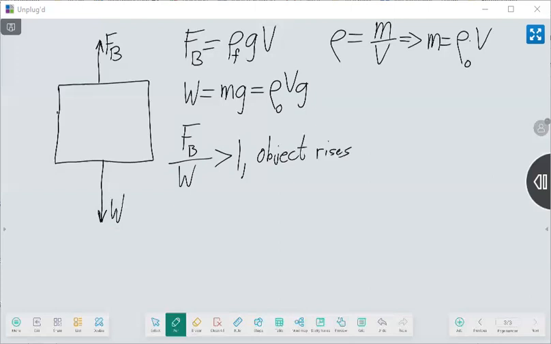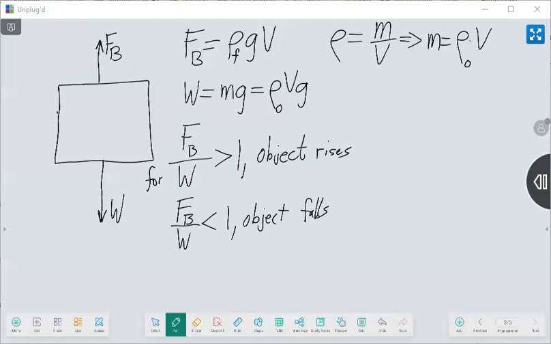If that ratio is less than 1, FB over W less than 1, the object falls.